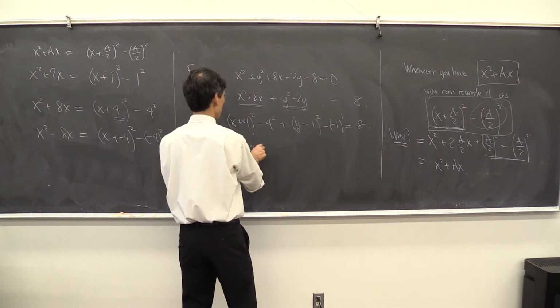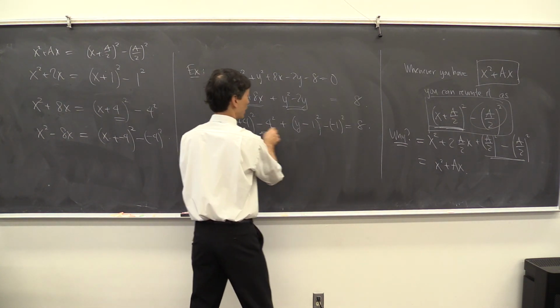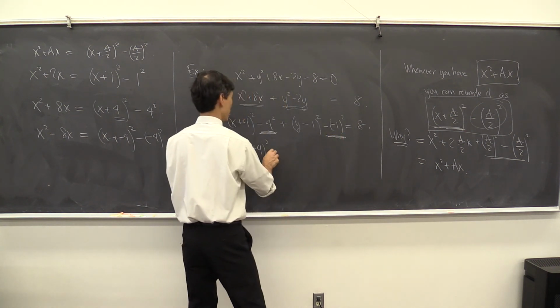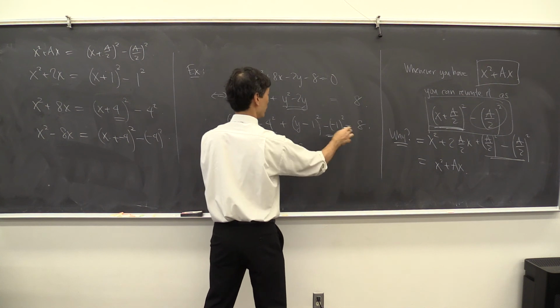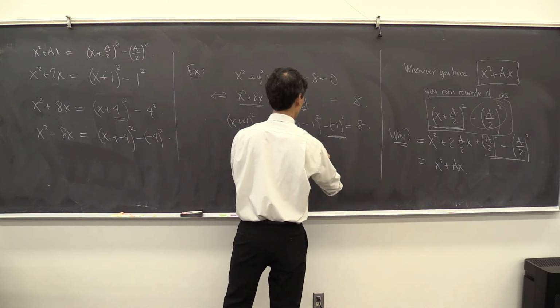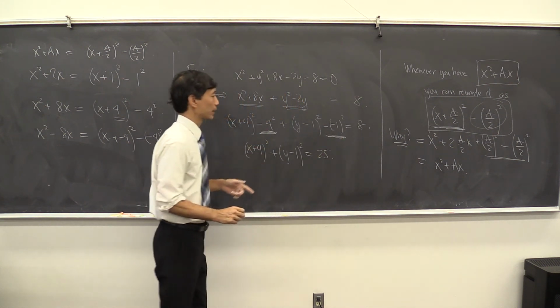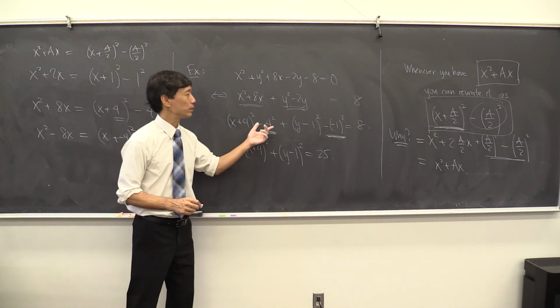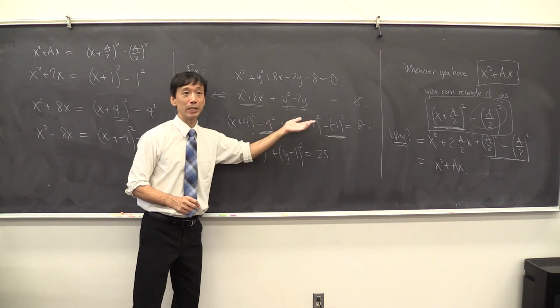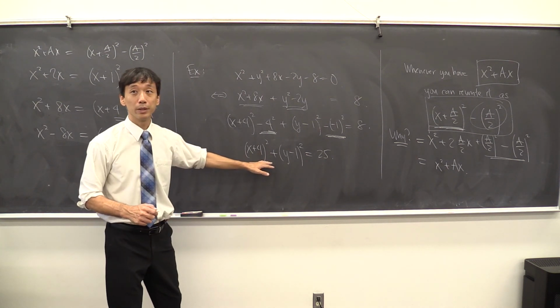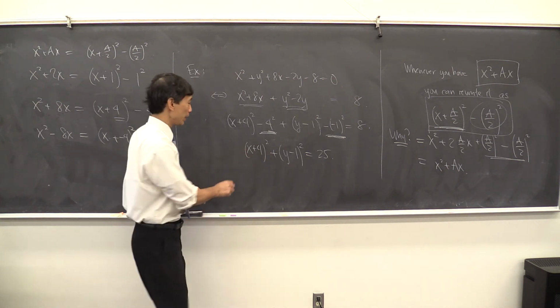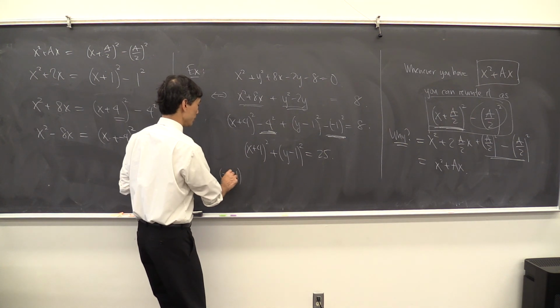You get x plus 4 quantity squared. I'm going to move all the constants to the right side. So I have a 16 on the right side, I also have an additional 1, and I have a 25 on the right side. So it's 17. I move 17 to the right side. I get 25. Now you can read it off easily. It's centered at -4, 1, and it has a radius of 5.